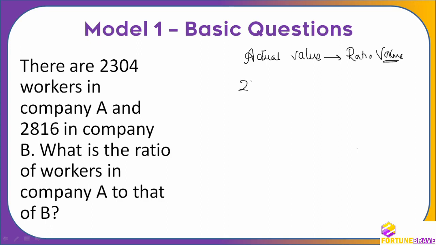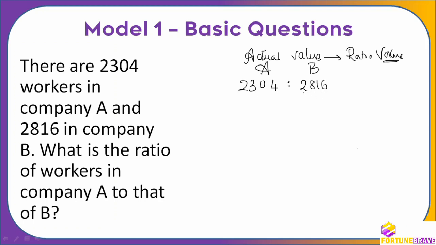So how do I do it normally? First I'll write company A and company B. There are how many in company A? 2,304 workers, and in company B there are 2,816 workers. So what I see first is it is divisible by 4. Do you see that it is divisible by 3?